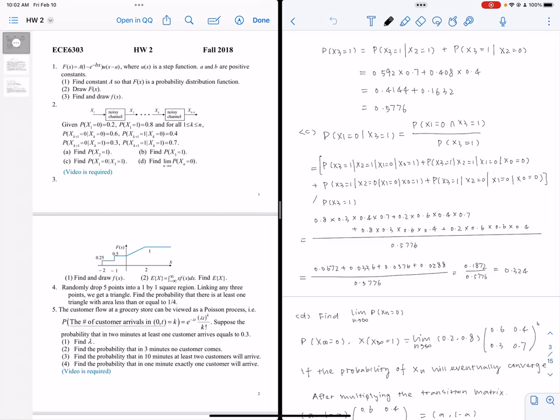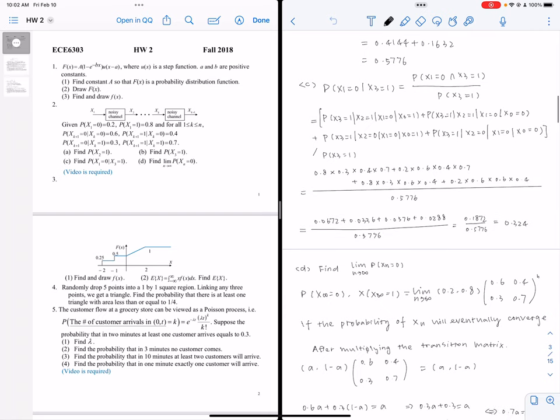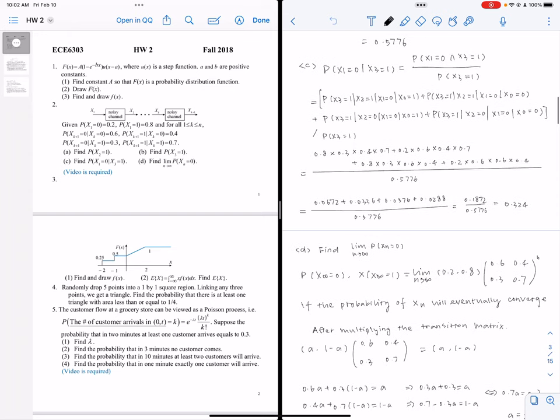We add all of those scenarios together to find the probability of that happening. Doing a little math, with x2 being 1 or 0 and x0 being 1 or 0, finally we have 0.324.